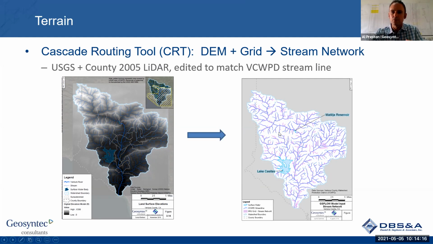And the stream network is obviously important because that's where the water accumulates and flows into the streams, and it eventually exits the watershed or can flow into the ground as well through the stream bed. So we use the DEM to represent the physical surface of the model.